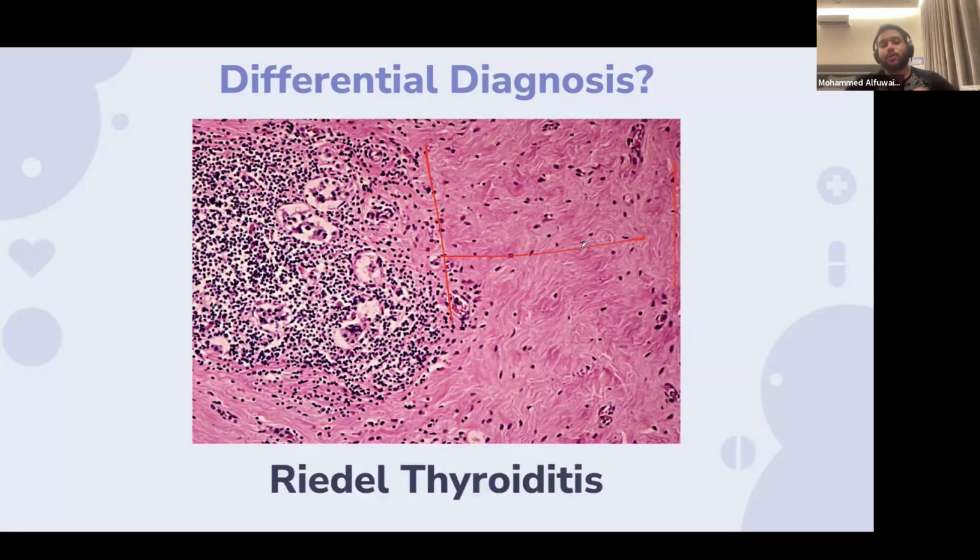Good. So Riedel's thyroiditis, the main important thing that I want you guys to remember is this description. They might have signs and symptoms of either hyper or hypothyroidism, depending on the timing. Usually we'll describe it to you as a hypothyroid patient with a very rock hard, solid thyroid. It's painless, however, it's rock hard. This is Riedel's thyroiditis.